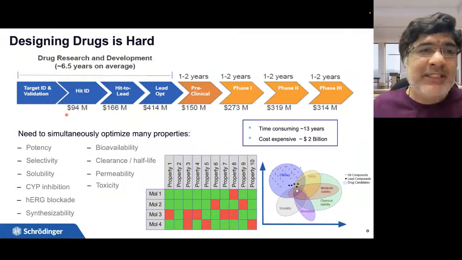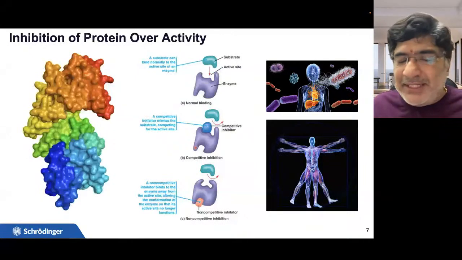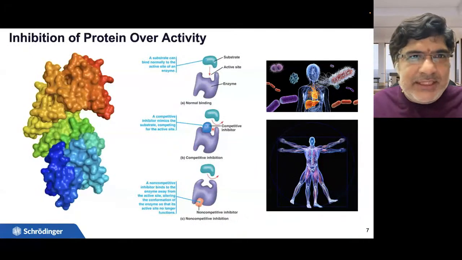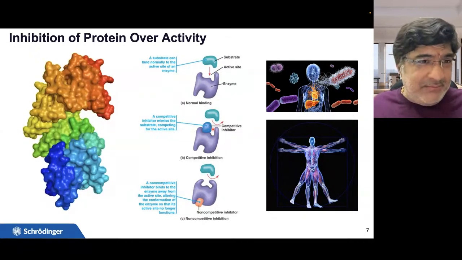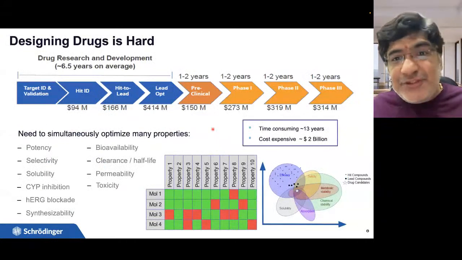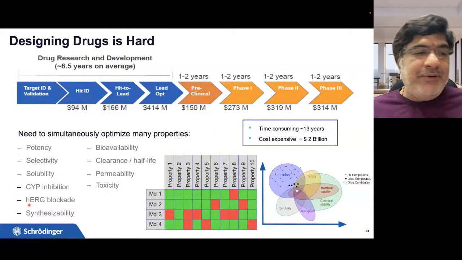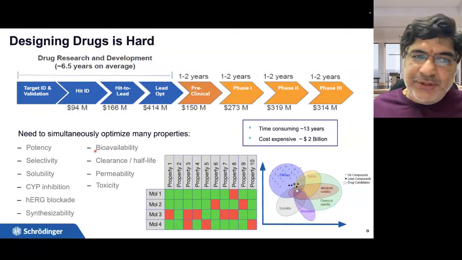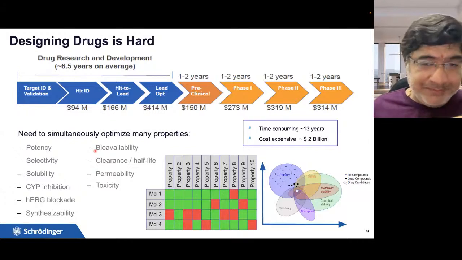So let us try to understand drug design. Is it just sufficient if a molecule goes and binds to the protein? That will not make a molecule a drug. Cyanide is also a binder, but that is not a drug molecule, right? It has to be safe, right? So a lot of properties it needs to have. Of course, it needs to have good potency.